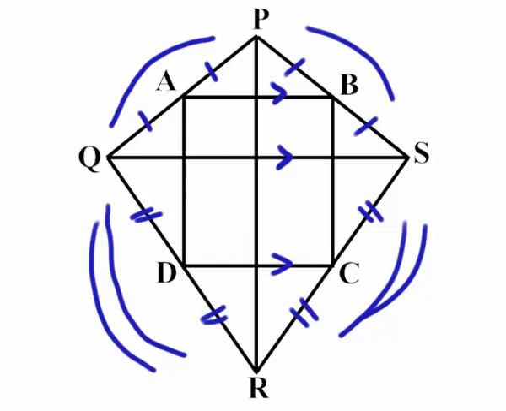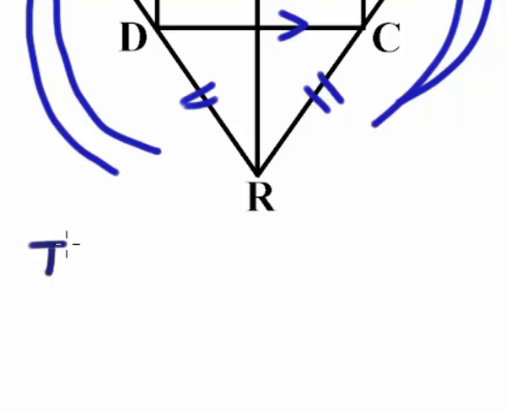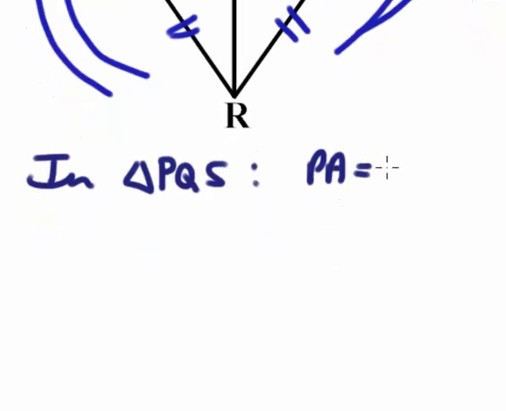So let's do this slowly. Let's start off with triangle PQS at the top. In triangle PQS there, which is the top triangle, what do we know? We know that PA is AQ and PB is equal to BS.